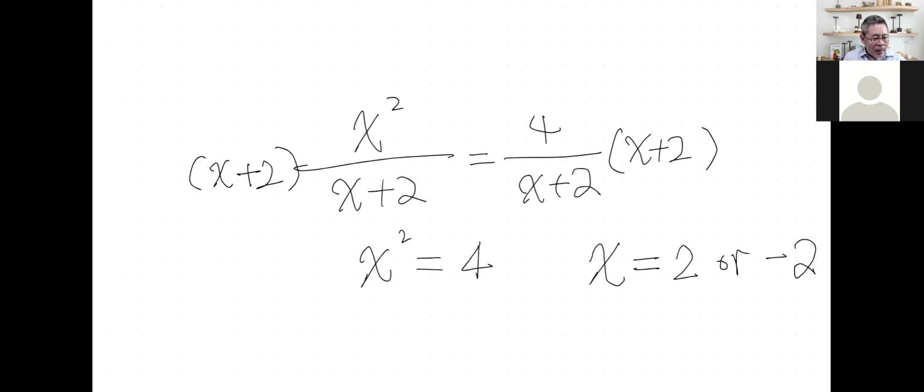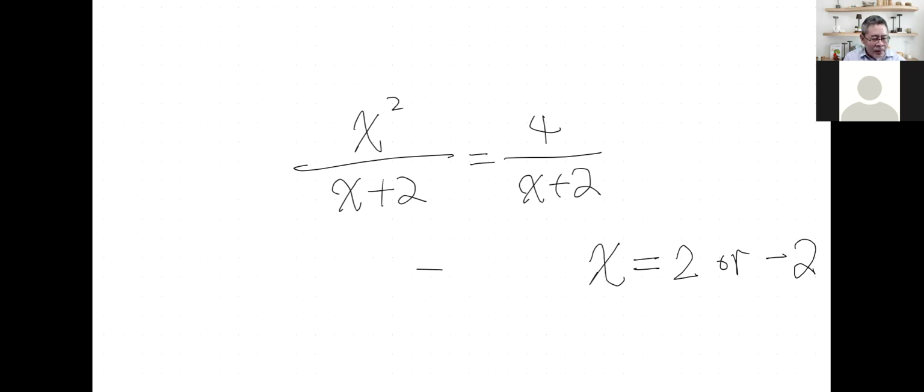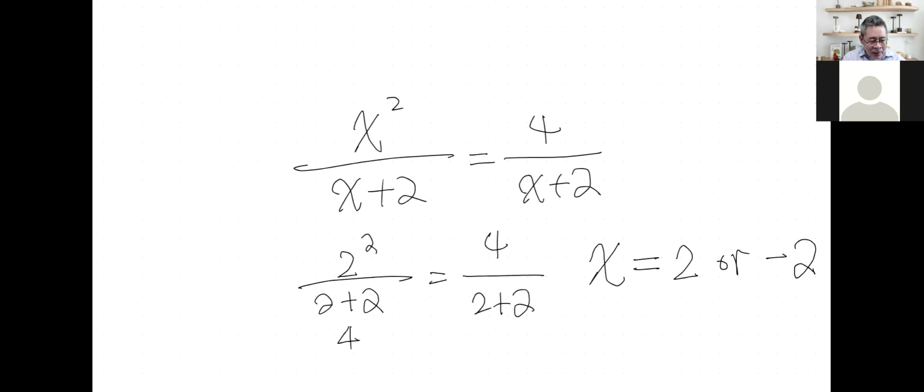Well, now we're going to plug in. If it's positive 2, what we got here on the left is 2 squared over 2 plus 2. On the right is 4 over 2 plus 2. And 2 squared is 4, so 4 over 4 on the left, and on the right-hand side it is 4 over 4, so it's good.